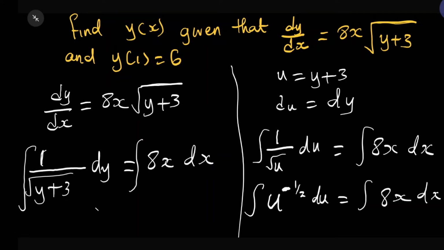Okay, so moving forward, we remember from the last slide this was the last expression we had: u to the minus half du equals 8x dx. So we're going to resolve this. Our power here is minus 1 over 2.